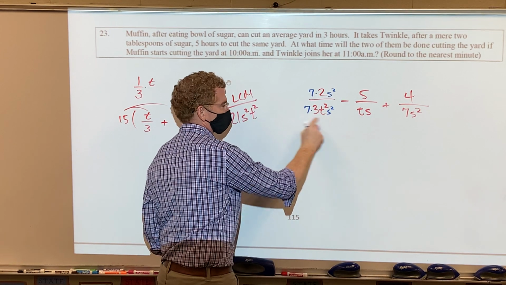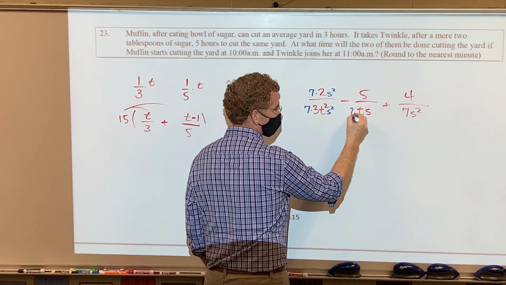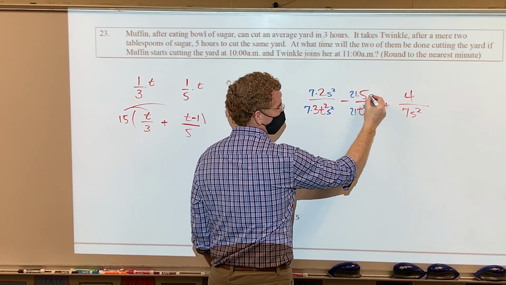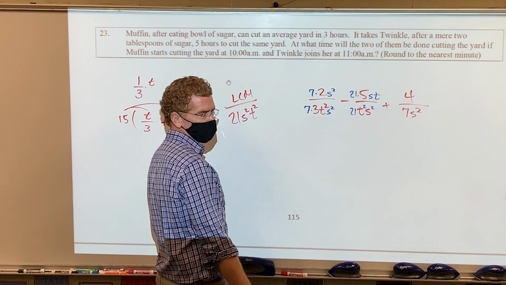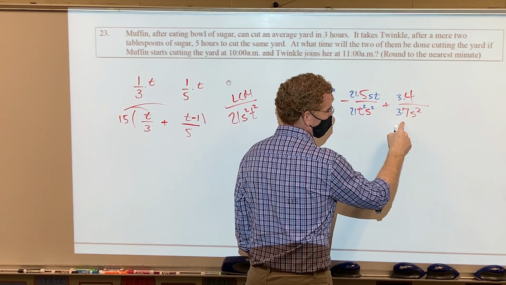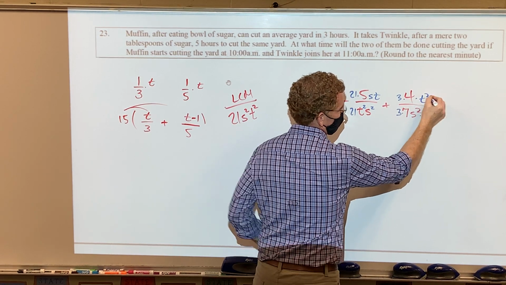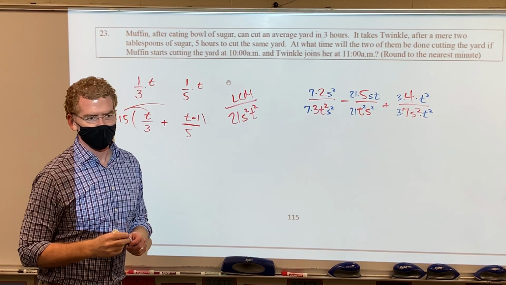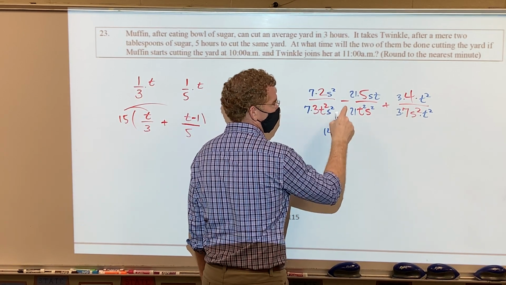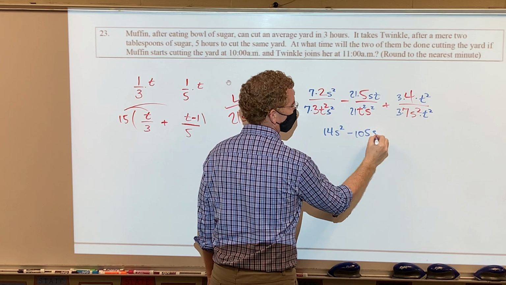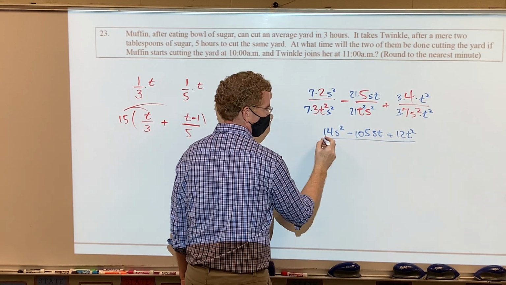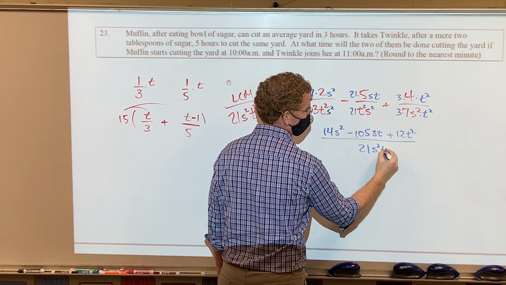Now I have 21 s squared t squared. I need a 21, 21, and an extra s, extra t. Now I need a 3 to get the 21, t squared, t squared. Now I have 21 s squared t squared. And now I can take that 14 s squared and that negative 105 st and that 12 t squared and put it over 21 s squared t squared.